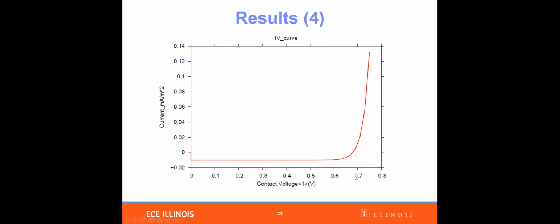And now you can see it's positive, although we set minus 0.75 previously. So you can see this current density below 0. And these regions, these minus current density regions, are where this solar cell operates.